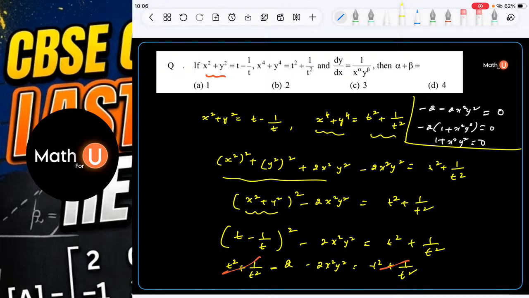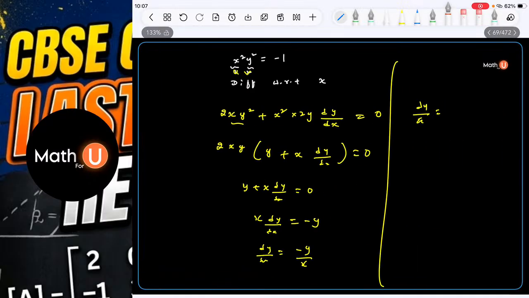Where did I make the mistake? Actually there is a minus sign here. Okay, everything is correct only.